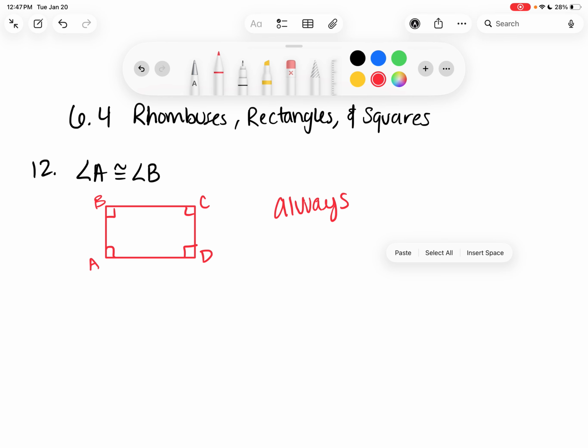And then it says to state the reason or explain your answer. Because all angles in a rectangle are 90 degrees. If you want to just do the little symbol for rectangle, that's fine. You could say they are 90 degrees or you could say they are right angles. Either one would be fine.